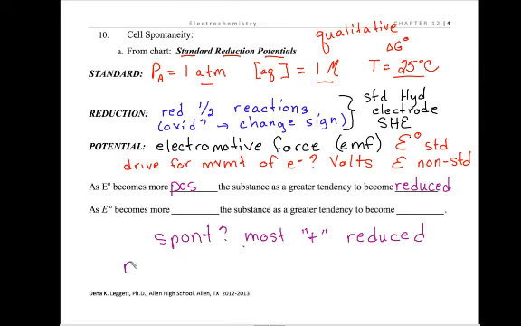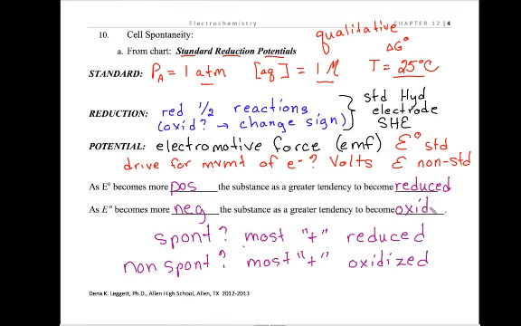And if you want a non-spontaneous situation, I usually figure out what spontaneous would be and then do the opposite. You want the most positive to do what it doesn't want to do, and that means to be oxidized. The more negative our E naught, the greater the tendency to become oxidized.